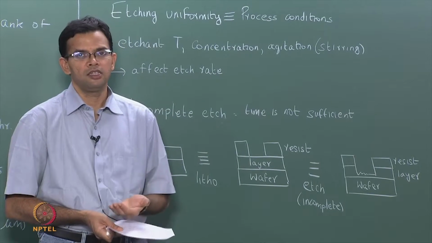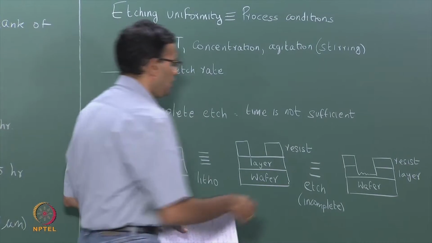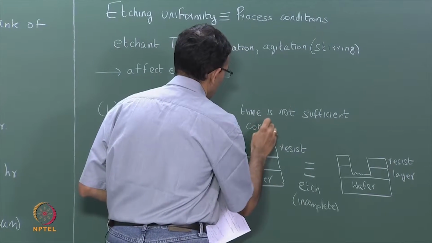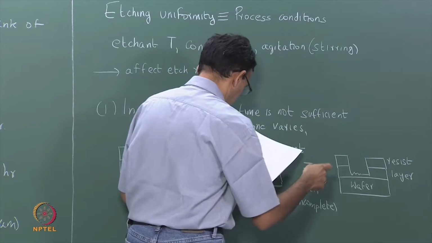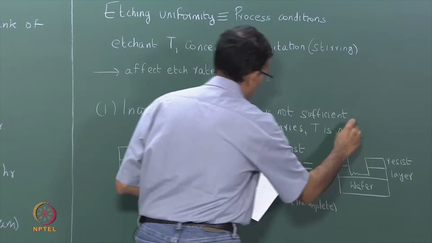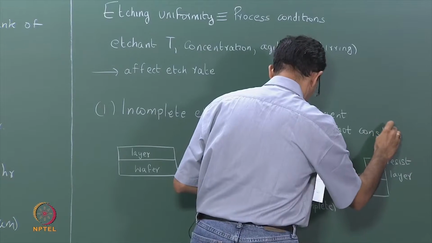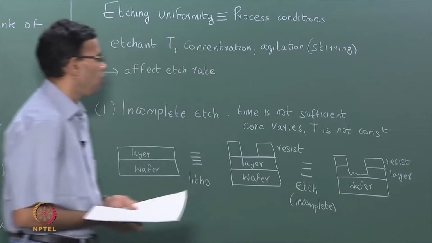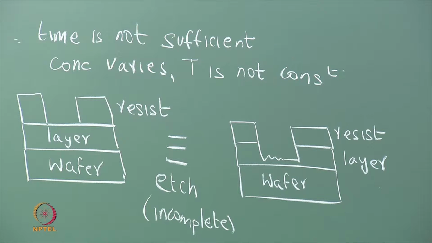There could be other reasons as well. For example, your concentration might not be correct, concentration varies. Temperature is not constant. So all of these, which are essentially your process parameters, can affect your etching process, giving you an incomplete etch.